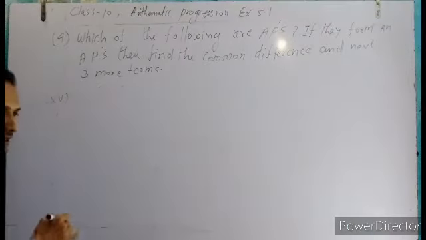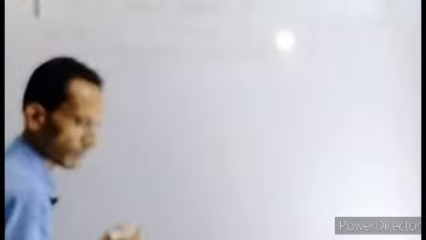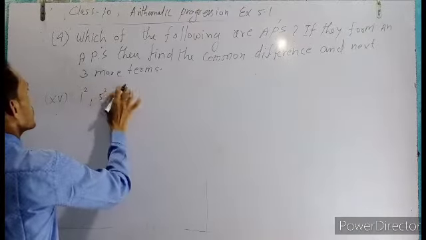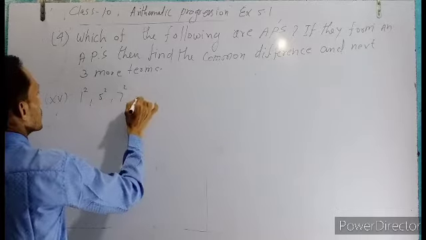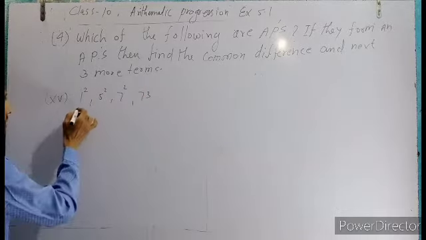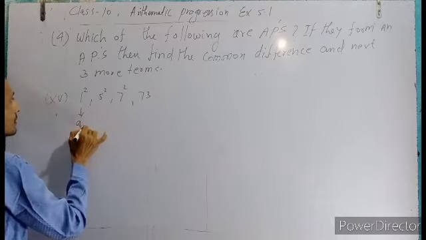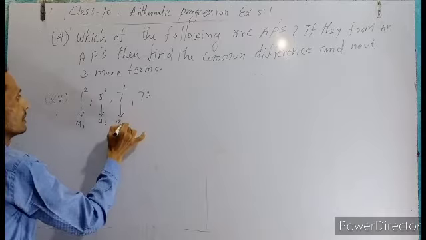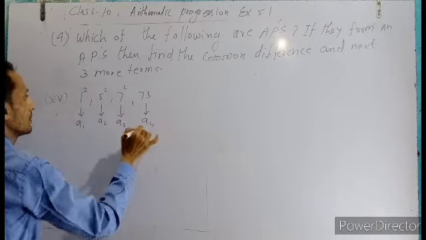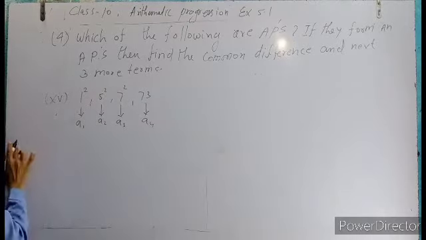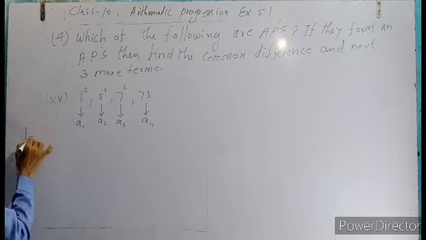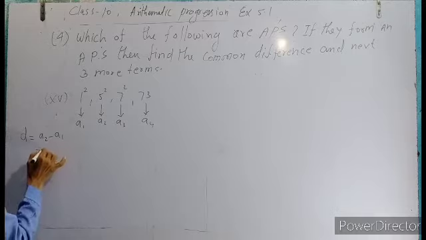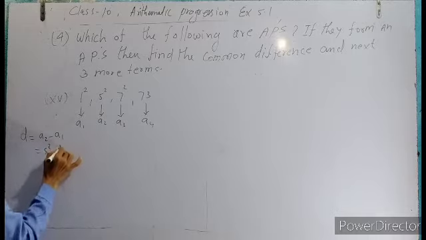The last part is 15. That is the first one A1, that is A2, that is A3, and that is A4. Now we have to find the common difference. D means A2 minus A1, that is 5 square minus 1 square.